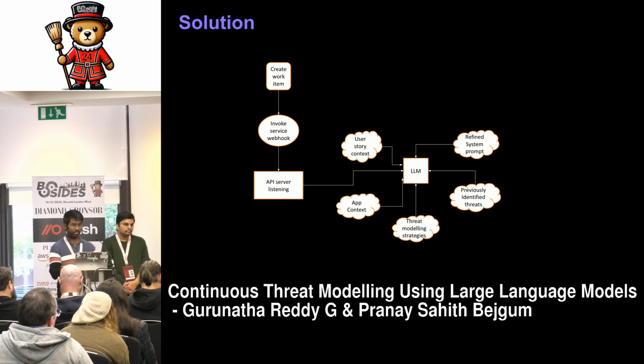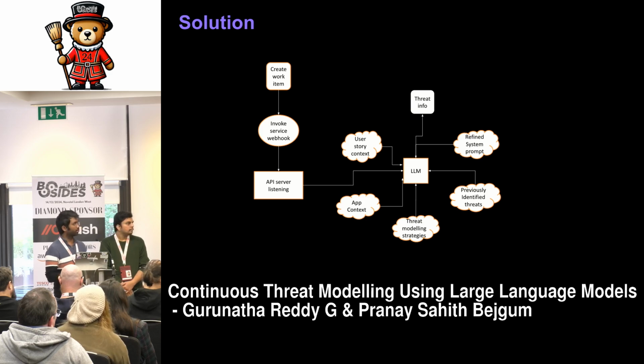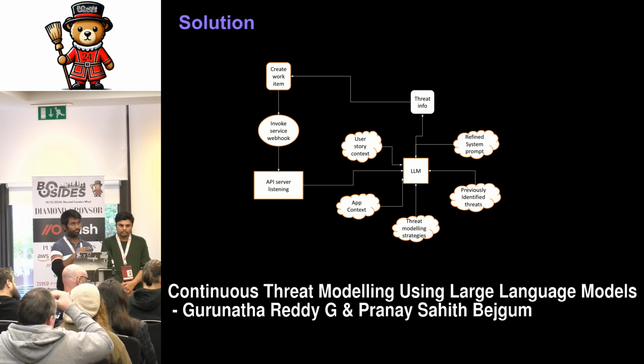The LLM gives the output in the form of possible threats, and that threat information is now updated in the work items directly. As soon as the work item is created by someone, everything happens behind the scenes, and the possible threats are updated in the user story.